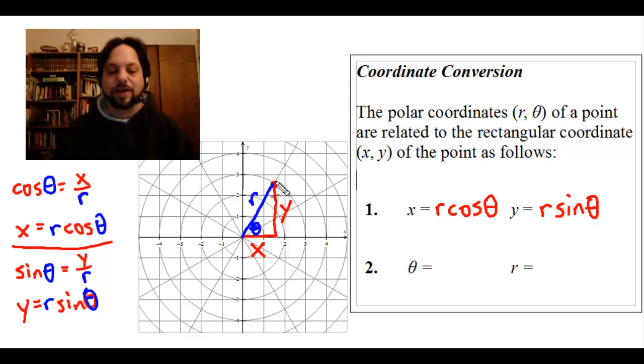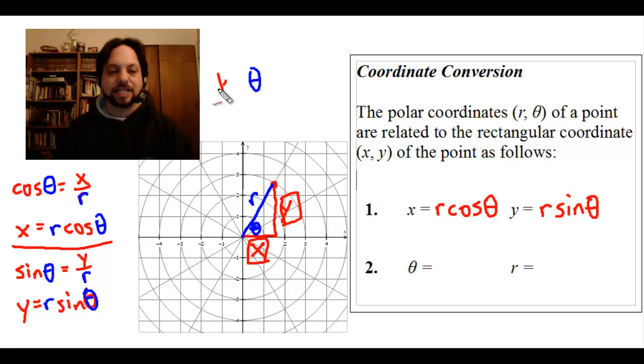But what if I'm given a point in rectangular coordinates? I'm given an x and y. How in the world can I find theta and r? Again, I'm going to look at the same triangle here, except this time I'm going to claim that it was x and y that were given to me. How do I find r and theta? Hopefully you can look at this and see for yourself that, let's see, what's the relationship between theta and y and x?